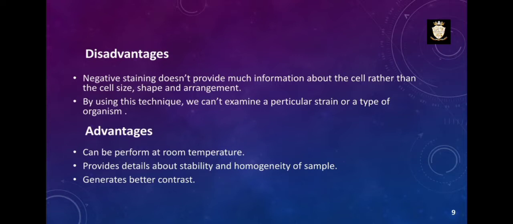The second disadvantage is that by using this technique, we cannot examine a particular stain or a type of organism. The advantages of negative staining are that it can be performed at room temperature, provides details about the stability and homogeneity of the sample, and generates better contrast.